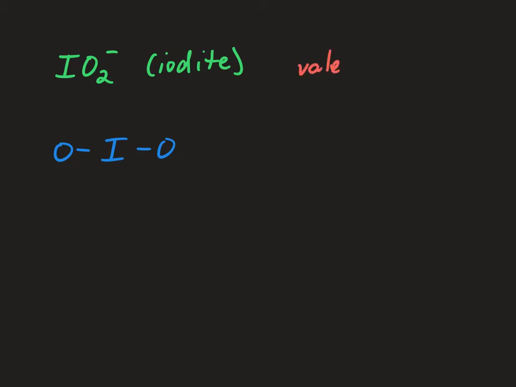And now we will consider the example of the iodite ion. Right? Now with this ion, we've got the iodine in the center, 2 oxygens. Right? Again, we consider our valence electrons.